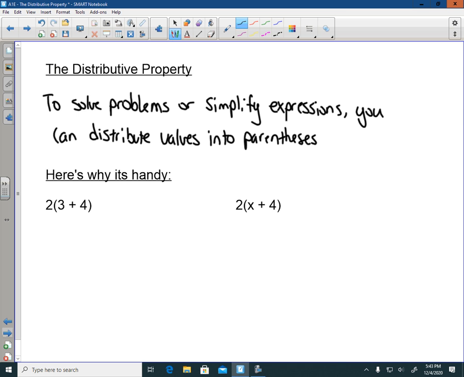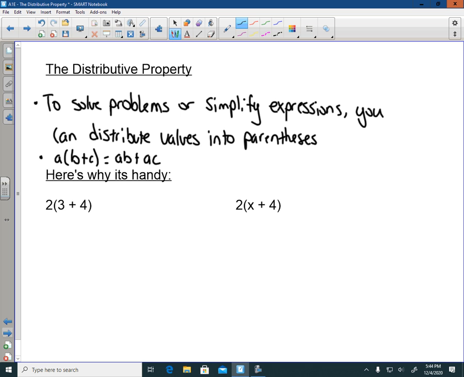To solve problems or to simplify expressions, you can distribute values into parentheses. It can also be written like this: A times (B plus C) equals AB plus AC.